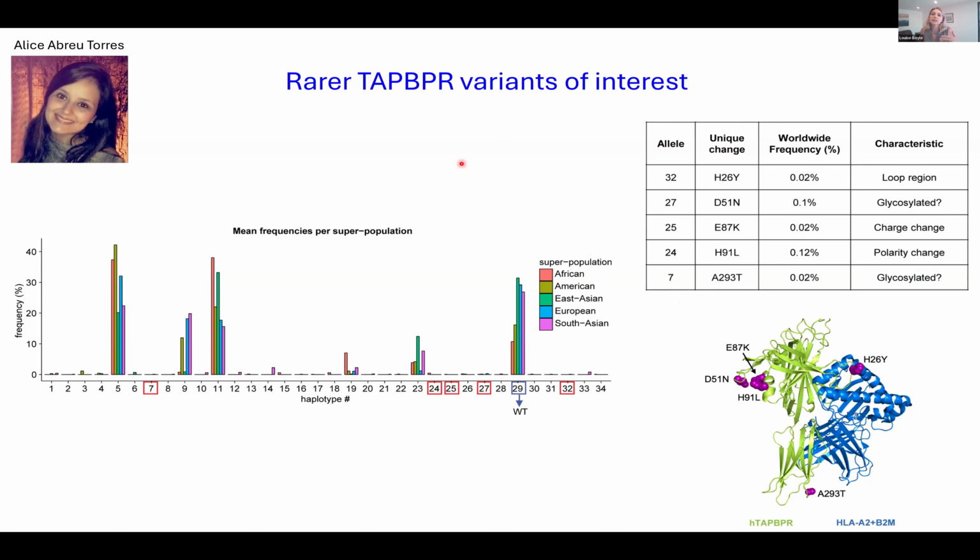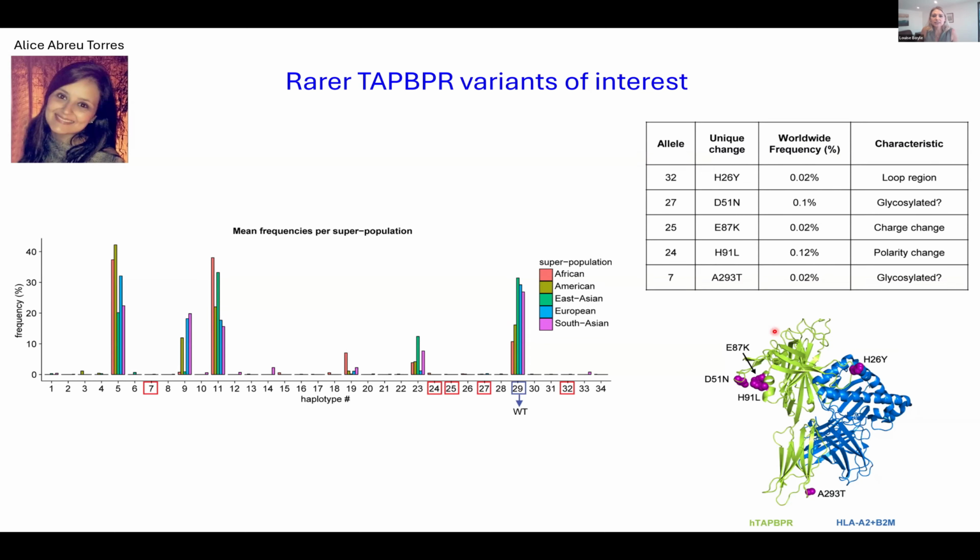So then we decided to explore the function of some rarer TAPBPR variants that we cherry-picked because we thought they would look particularly interesting. So for example, we looked at allele 32, which is the histidine to tyrosine change at position 26, which is within this TAPBPR peptide editing loop region that we recently talked about.